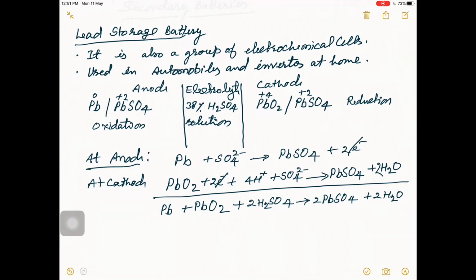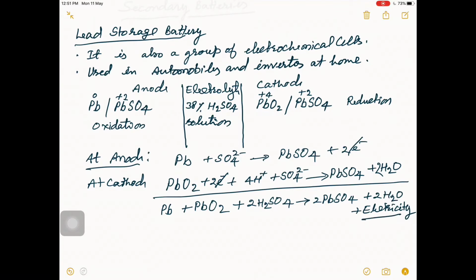So the sulfuric acid electrolyte solution, which was earlier 38%, will now become diluted, and energy will be released in the form of electricity.